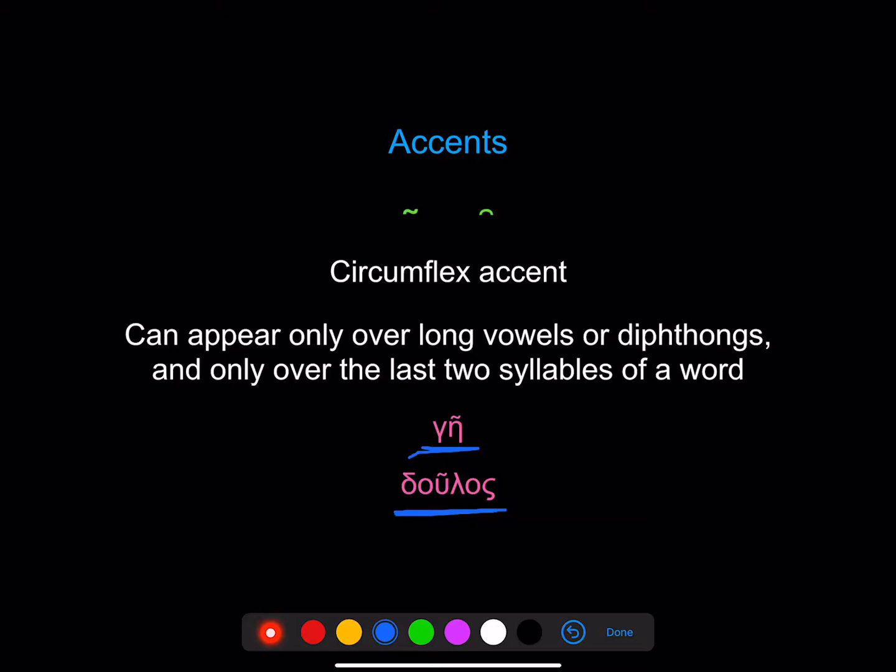It can't appear over the antepenult. Okay, so gay, there it's appearing over a long vowel. Doulos, there it's appearing over a diphthong. Okay, and that's a circumflex accent. And that's all the rest of the stuff you need to know to begin reading Greek words off a page.